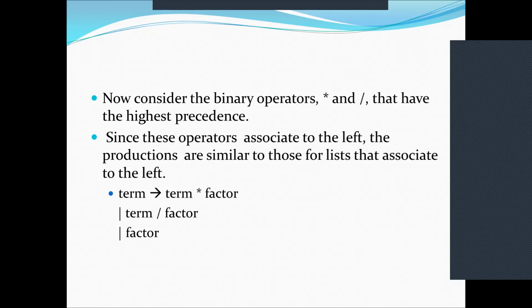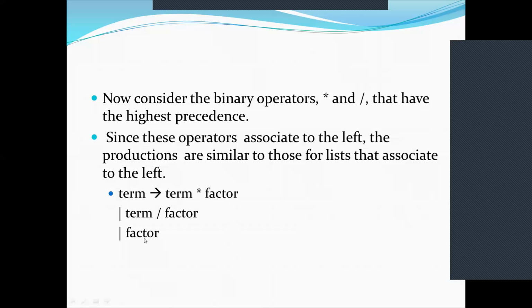We know that plus, minus, multiplication, division are all left associative. Because they are left associative operators, the productions are similar to those for the list that associates to the left. So what happens now? This is our production: the term can have the form of term star factor, or term slash factor, or it can be simply a factor.